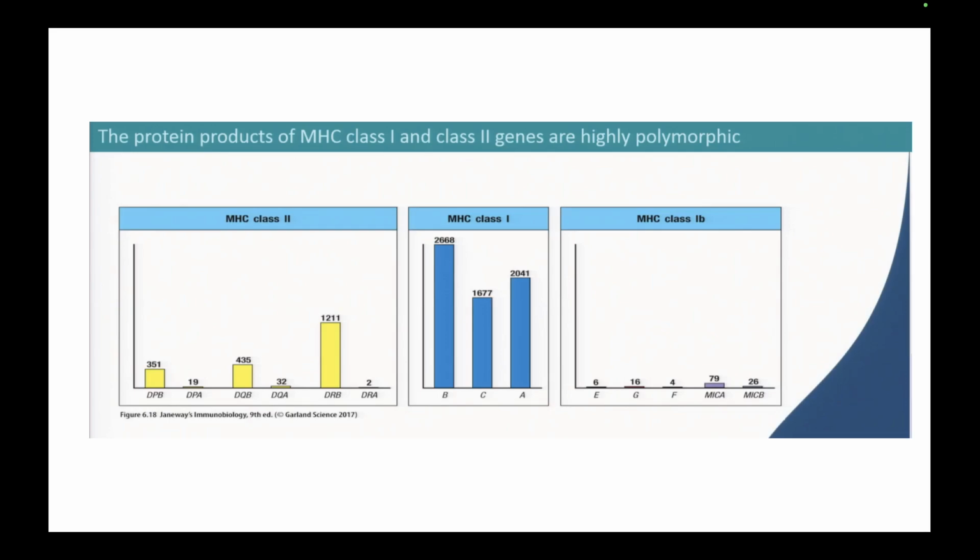So it is not essential that all 2668 varieties are present in one person, but there is more than one variety in one person, and altogether we know that for this particular gene these many varieties are known. That is due to the variety of antigens being presented by MHC class 1. So this is what polymorphism is, and it is highly present in MHC class 1 and class 2 genes.